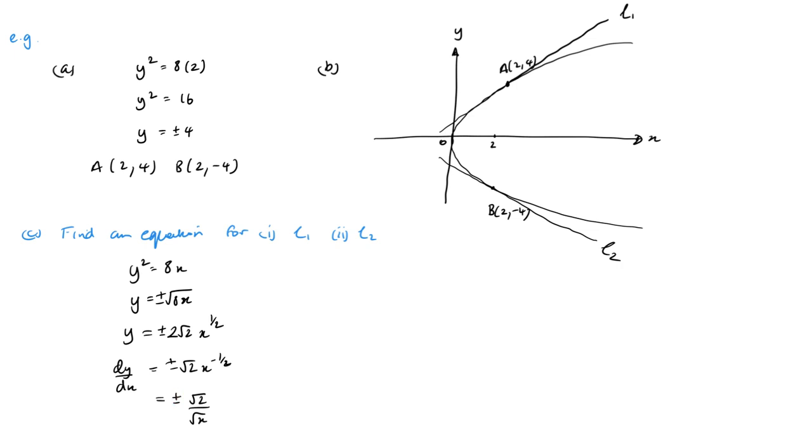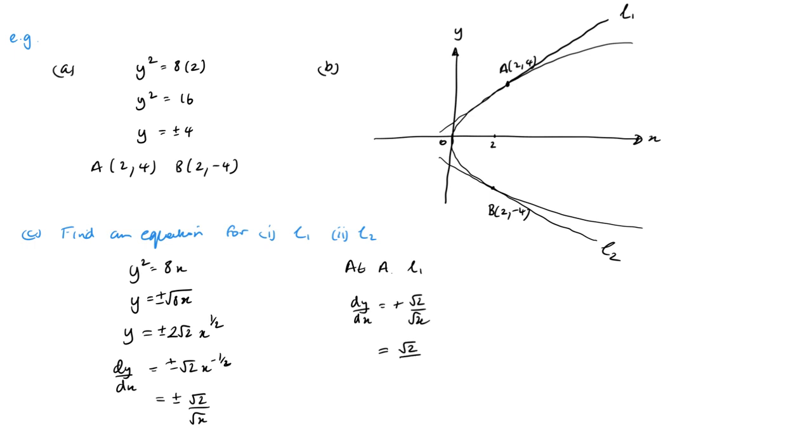Now, I kept the plus and minus in, so if we look at L1, that's got a positive gradient, and if we look at L2, that's got a negative gradient. So L1 will need the positive version of this, and L2 will need the negative version of this. So at A now, we're working out L1. So dy by dx equals plus root 2 over root x. I can put that as a single square root as well.